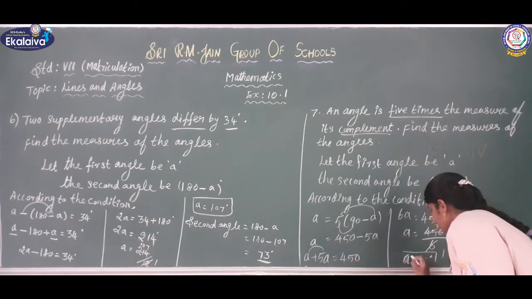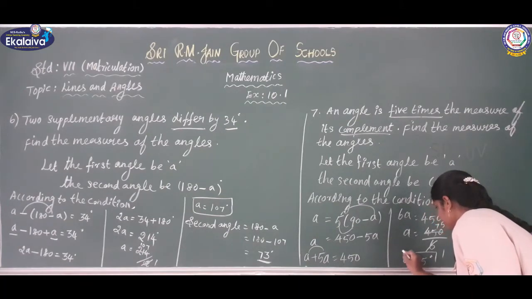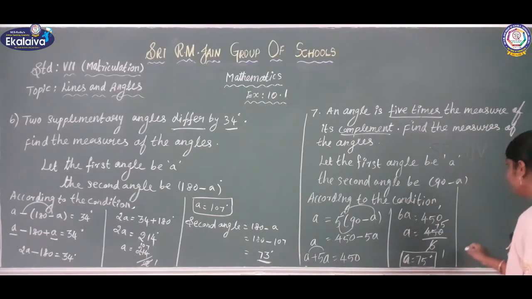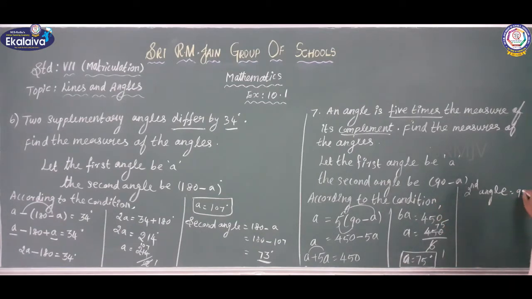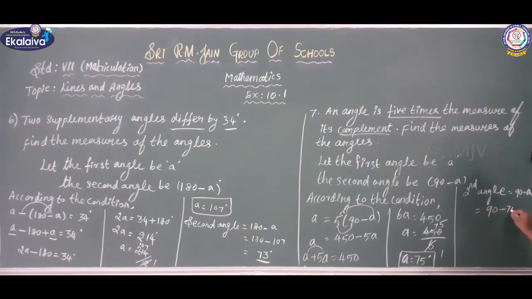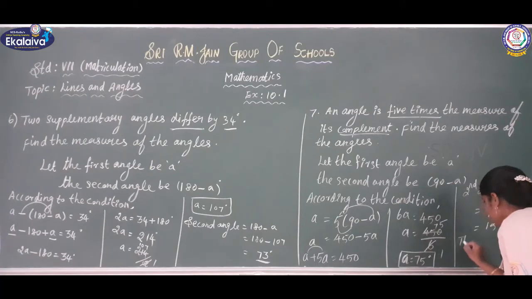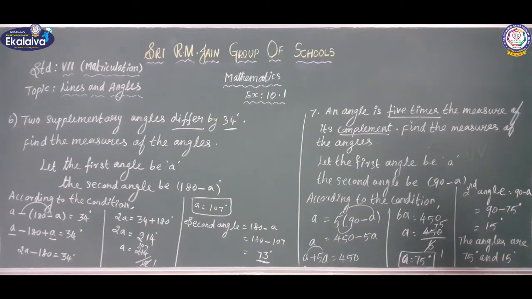Next, the second angle equal to 90 minus A. Substitute here 90 minus 75 degree. So what you will get, children? 15 degree. Okay. So the angles are 75 degree and 15 degree. Do you understand, children?